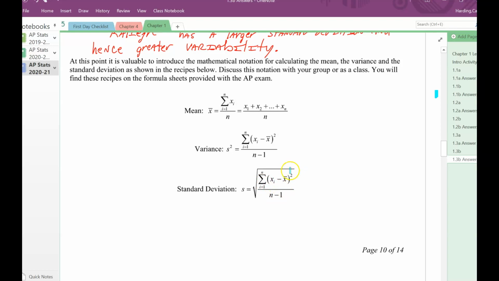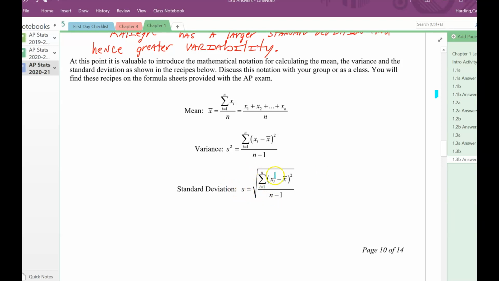What's the purpose of squaring? The purpose of squaring is because you could have some negative distances. So we're going to sum them all up. We're going to divide by n minus 1. We can get into this a little bit more later, why it's n minus 1 and why it's not n. It's related to sampling. But then take the square root, and that will give you the standard deviation.